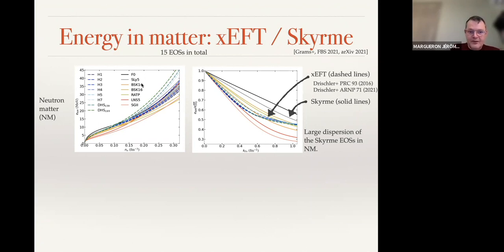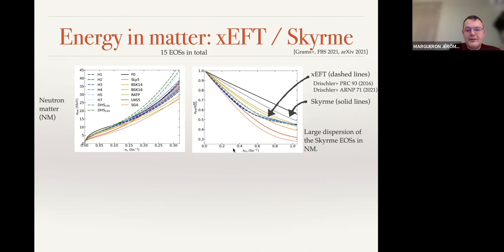We confront these equations of state with 7 Skyrme interactions that are listed here and represented in solid lines. The left panel is the usual representation where you see the energy as a function of the density, and the right is a bit less conventional because we have normalized the energy by the free Fermi gas energy of neutron matter.